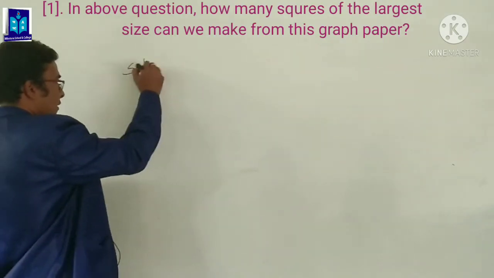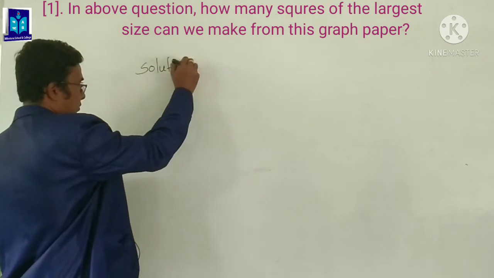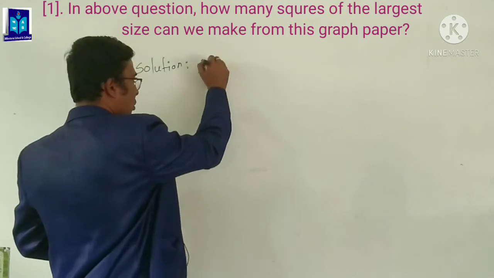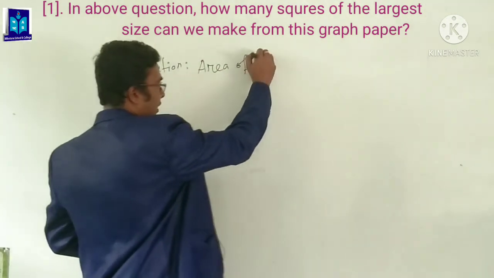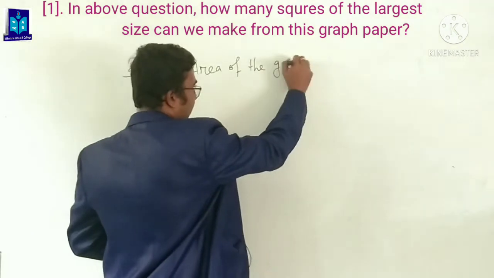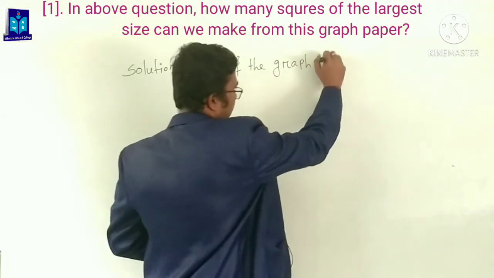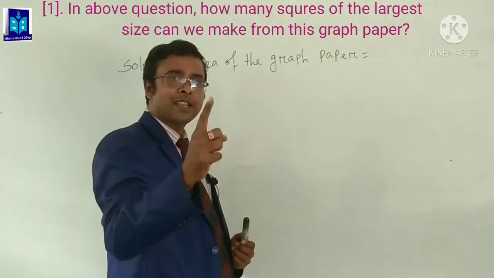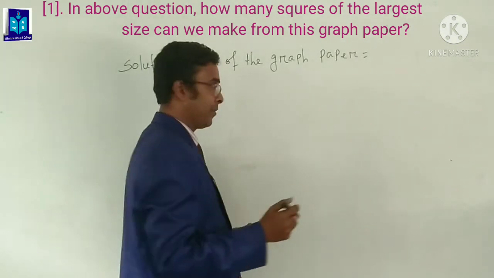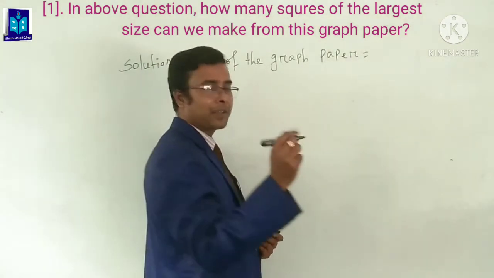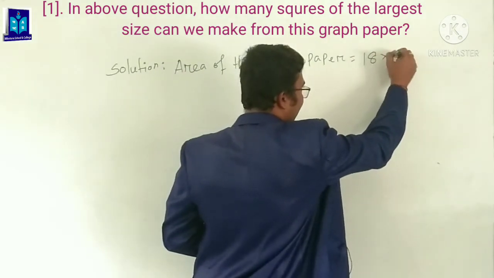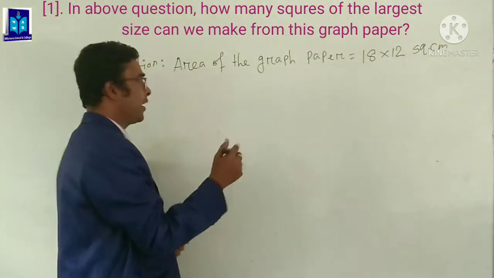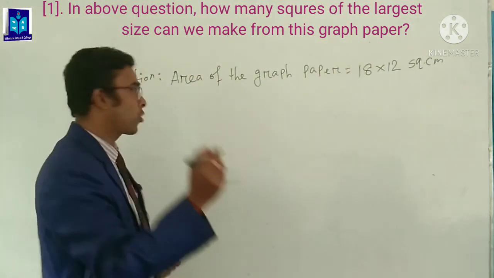Now the solution will be. That means at first we will find the area of the graph paper. So the area of the graph paper. The length was 18 centimeter and the breadth 12 centimeter. So the area will be length multiply breadth. That means 18 multiply 12 square centimeter. In the same way, we will find the area of the square.